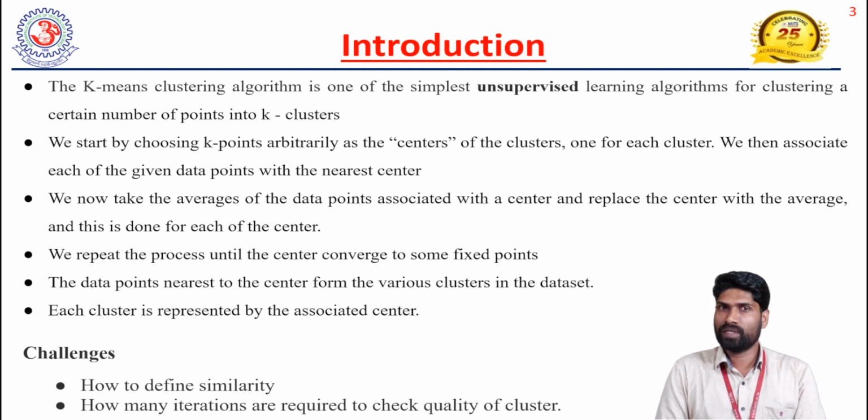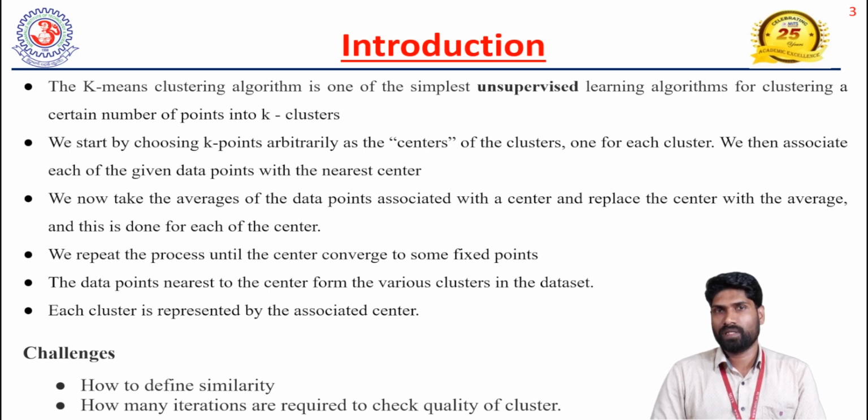That means the distance between the centroid and the points in that cluster should be minimum, and the distance between centroids of different clusters should be maximum. For that measurement, we have different measuring methods like the Silhouette score, and WCSS is also used. So those methods are there, but in this session we are discussing the K-means algorithm, how it is working and all.